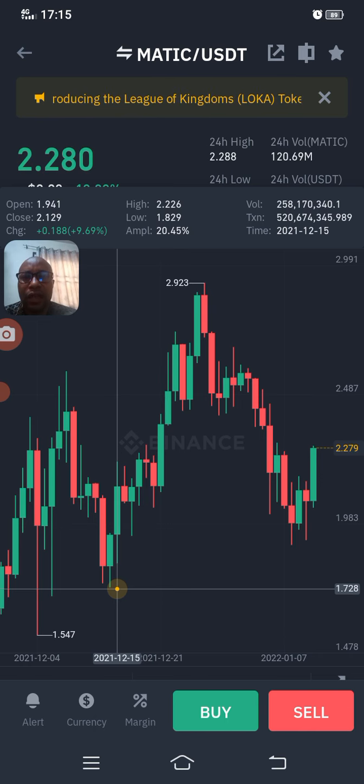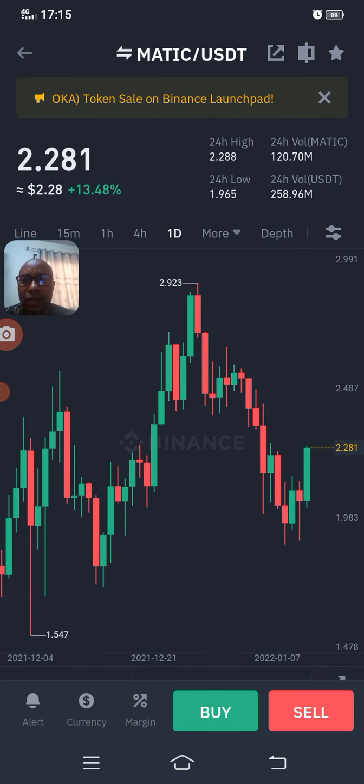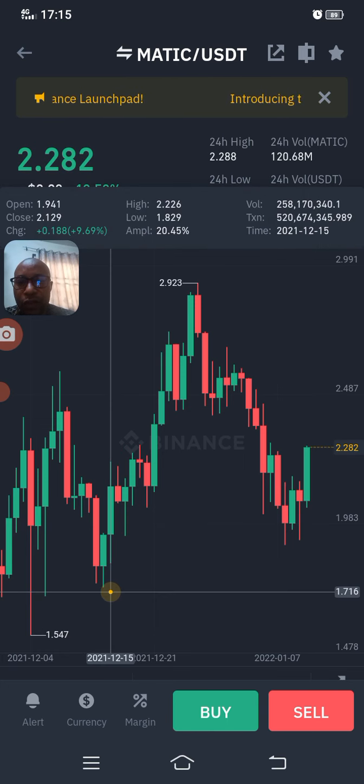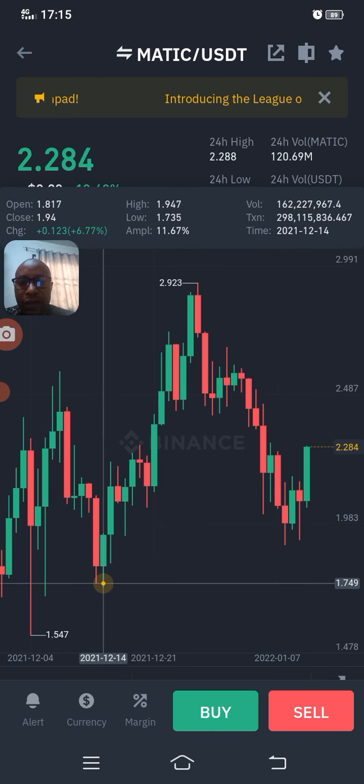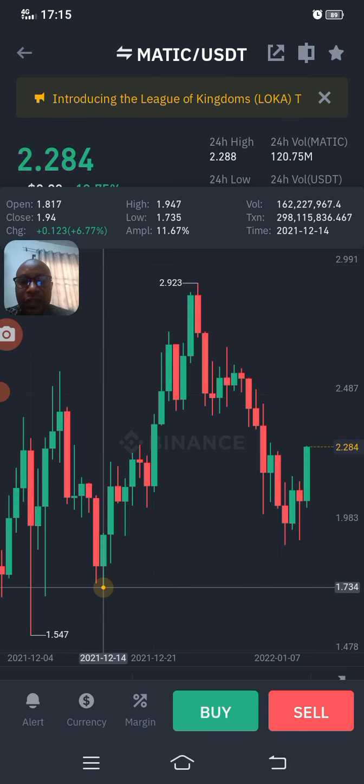And looking at our chart here, we are using the daily chart. Yes, the price moved up. Remember, the price moved all the way from $1.73 and got to $2.93. That is a massive profit.